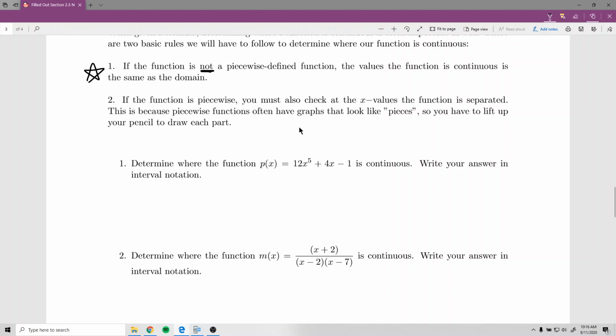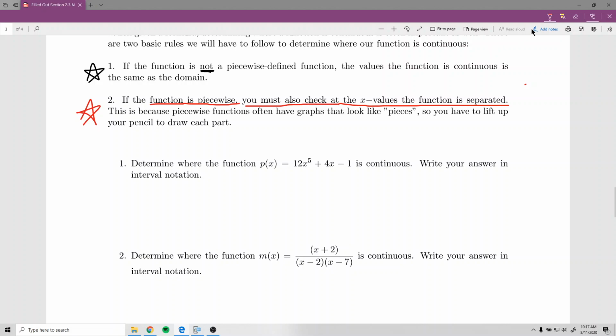You learn how to figure out the domain in college algebra. We'll give a brief reminder when we do the problems, but that's if it's not piecewise. So if the function is piecewise, you must also check the values where the function is separated.